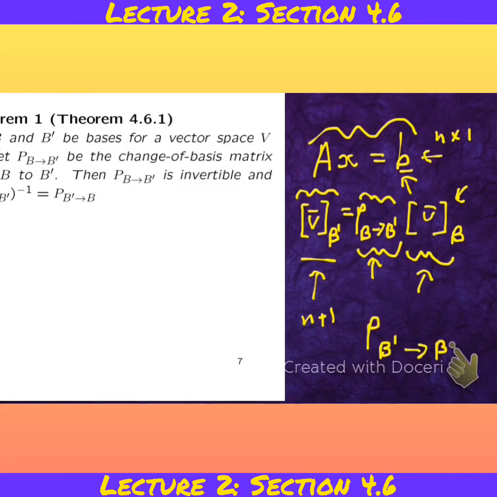And again, you can follow a similar argument to what we did in the beginning of the lesson, and just reverse the B and the B prime to see why that is the case.